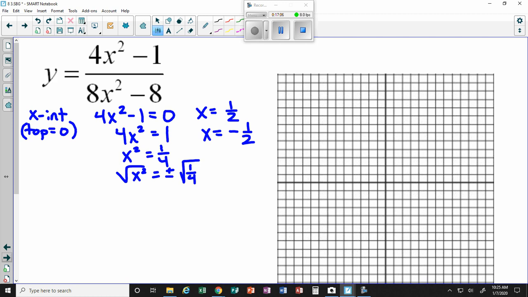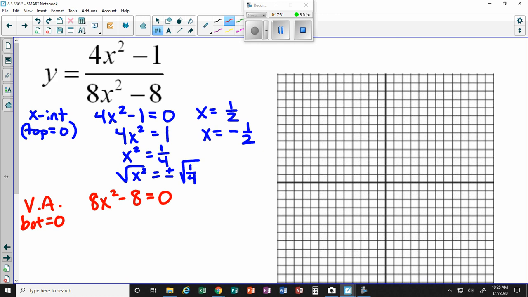Okay? Now, what is my vertical asymptote? How do I find the vertical asymptote? Bottom equals 0, right? So it's 8x squared minus 8 equals 0. How do I solve that?